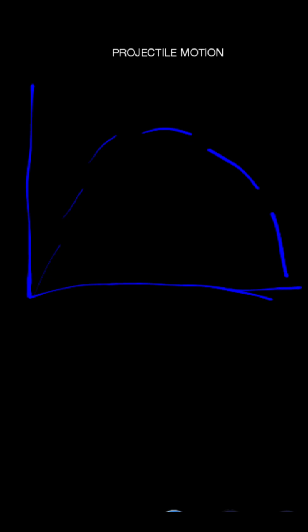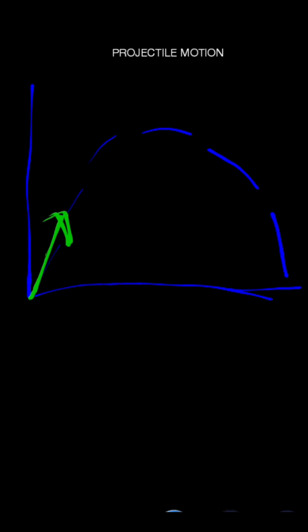Now again, projectile motion can be summarized, or everything can be done, on this same diagram. On this diagram, there is what we call the initial speed or initial velocity. The initial velocity is here, moving like this.